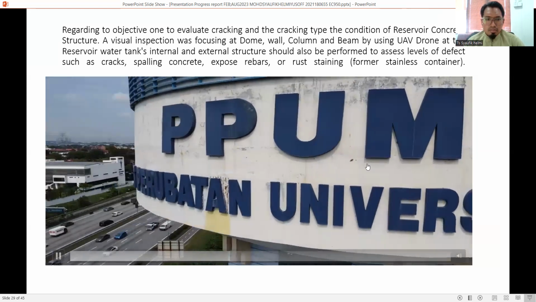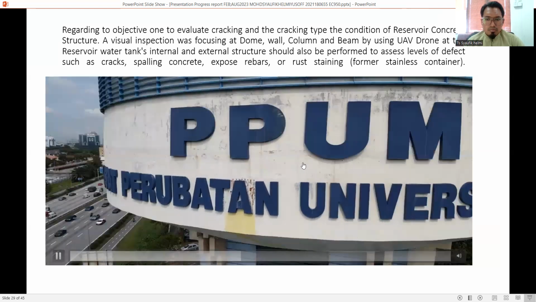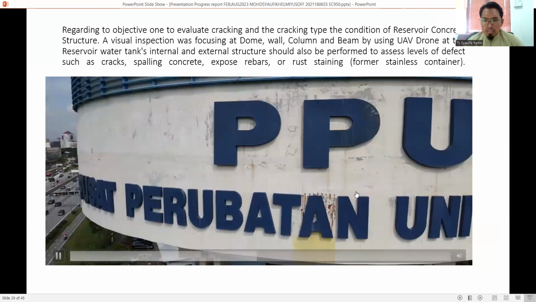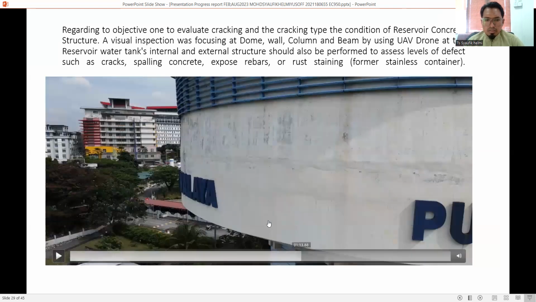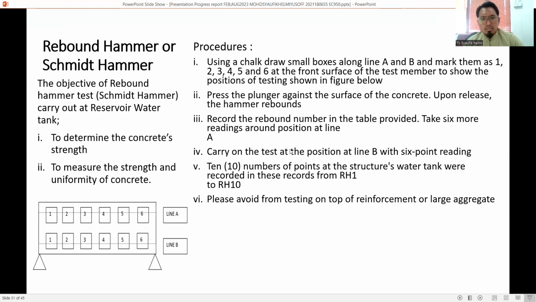The marking of the wall shows a view of the spalling or cracking at the external structure. Okay, so this is our visual site survey done in the previous semester, and this semester we are going to focus on the rebound hammer testing.